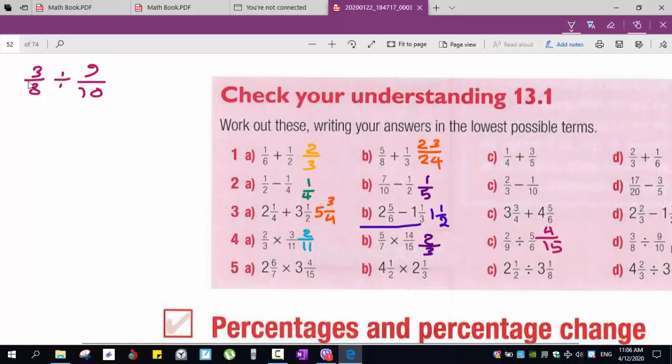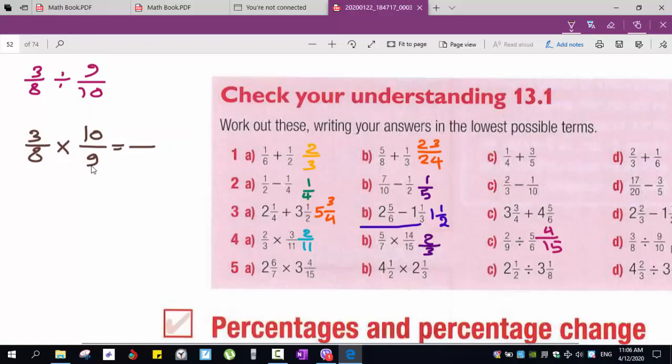Then follow KFC: keep the first fraction, 3 over 8. Flip the second fraction, 10 over 9. Look, 9 over 10 became 10 over 9. Change division to multiplication. Now, as a multiplication problem, can we simplify this?